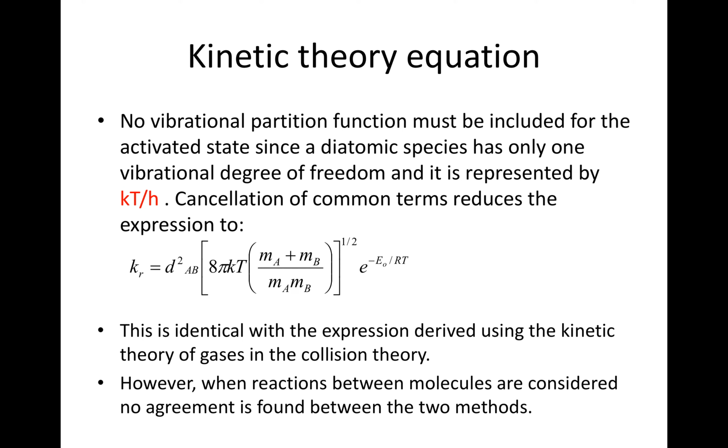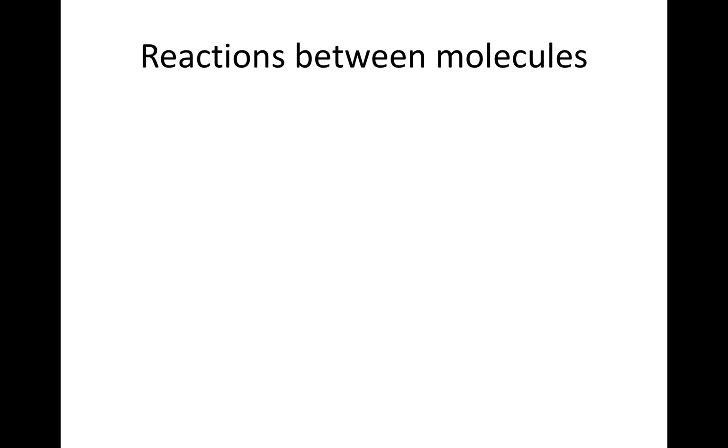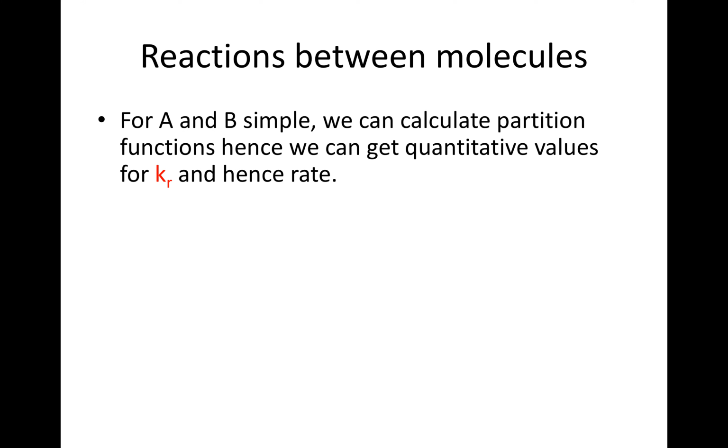However, when reactions between molecules are considered, no agreement is found between the two methods. Reactions between molecules. For A and B simple, we can calculate partition functions, hence we can get quantitative values for k_r and hence rate.